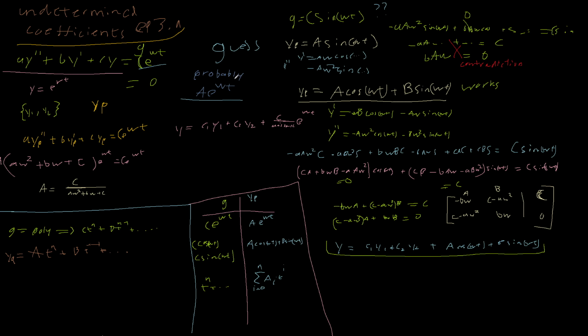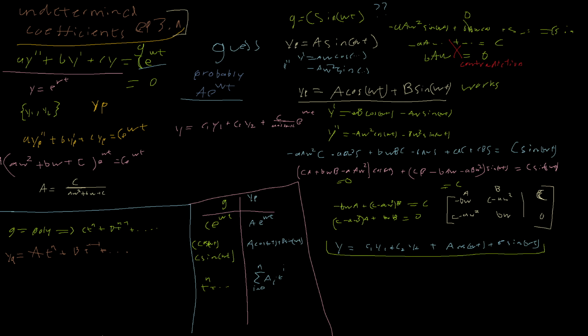You basically just make that guess and then substitute it in and plug it in. Next episode, we're going to talk about a more interesting use of these things. Actually, I'm going to continue this because there's more to talk about for this method.